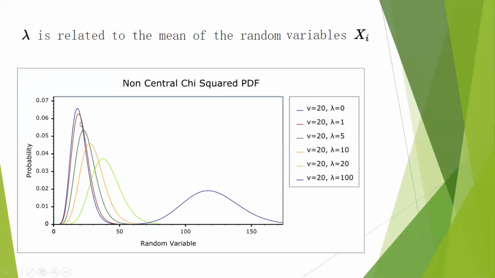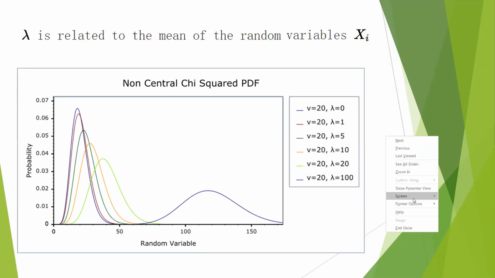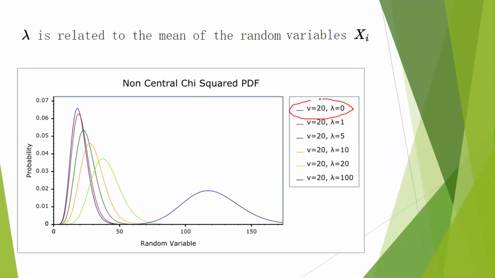If we want to compare the blue one with the dark green one, these two distributions are too close to each other. That means the power will be low. It's very hard for us to detect. If there is a difference, it's very difficult for us to tell the difference between these two distributions, right? However, if we want to compare this one, the null hypothesis, with this one, the alternative hypothesis, look at the difference between the blue curve and this blue curve.